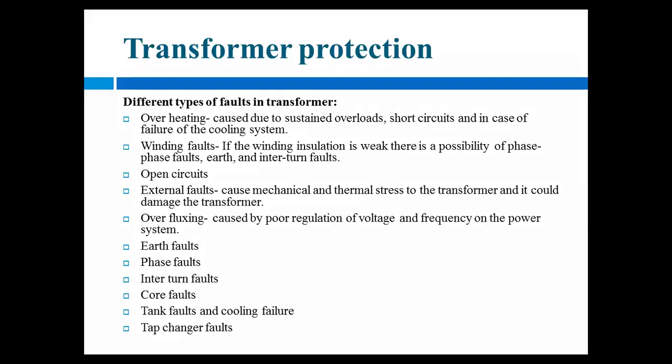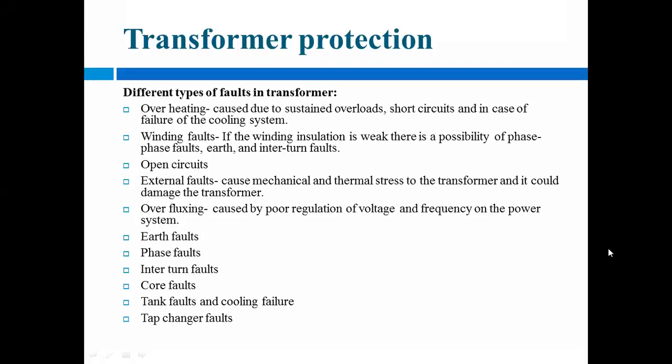Okay, and when we are considering the power transformers, that is big transformers which are used for the transmission purpose, for that we are using the tanks, transformer tanks are there. So the tank faults and cooling failure, then tap changer faults are there. Okay, so such types of faults are there in this transformer protection.